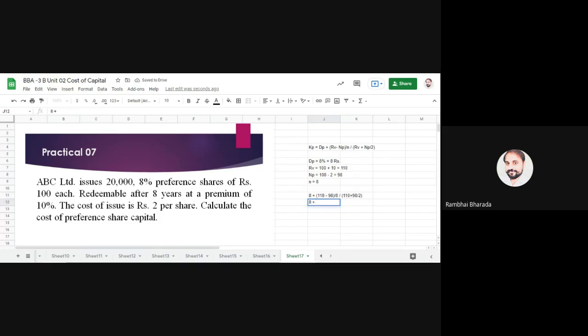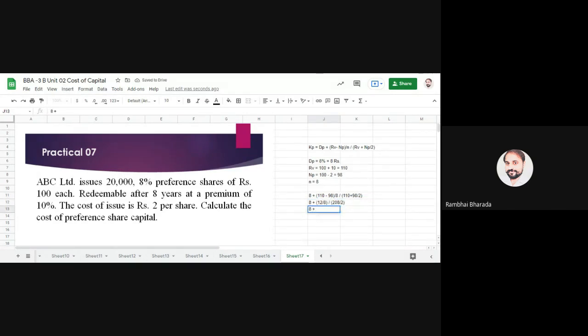So 8 plus, in a bracket, 110 minus 98, 12 upon 8, divided by 208 upon 2.